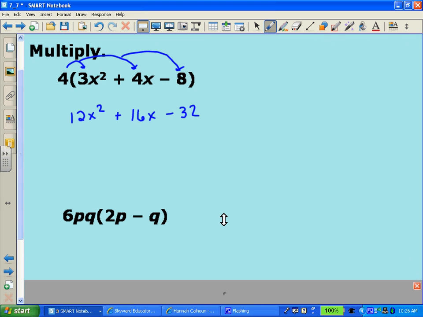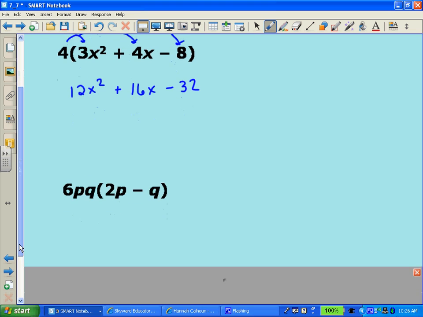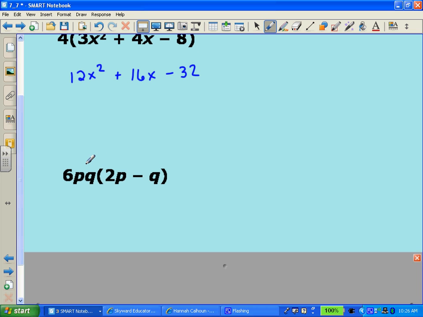Now let's say that we have a little more than a constant outside the parentheses. Okay, well I've got to do 6pq times 2p. I'm going to write this one out because it's a little harder. And then I've got to do 6pq times q.